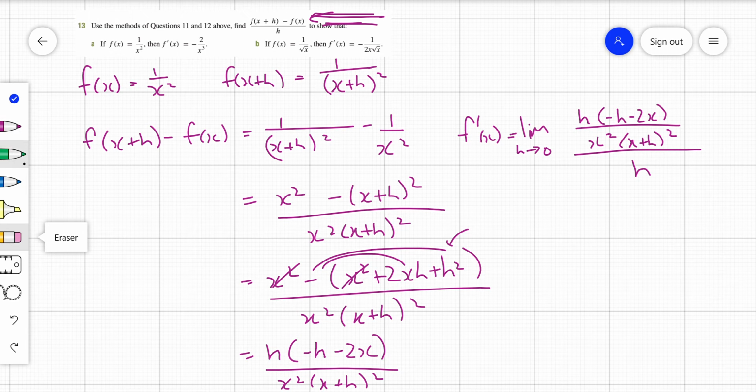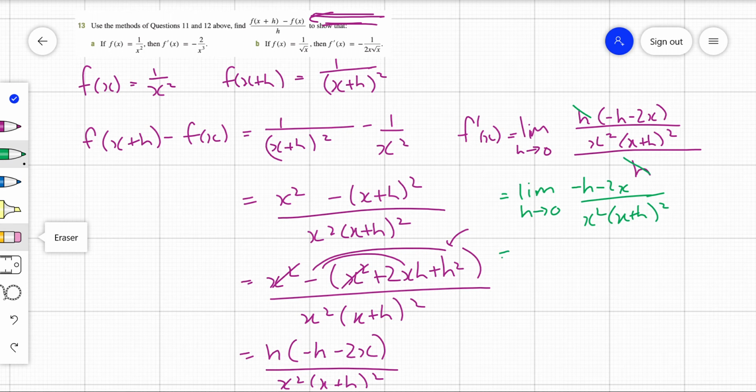And what we can do then is cancel the h from the numerator and the denominator. And once we've done that, you can see that you're not dividing by 0 when you sub h equals 0 in. So minus h minus 2x on x squared (x plus h) squared is what we've got left.